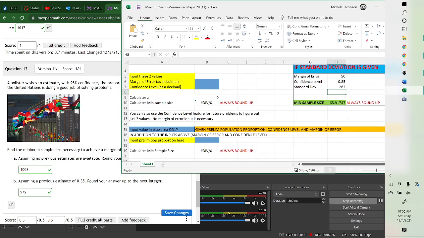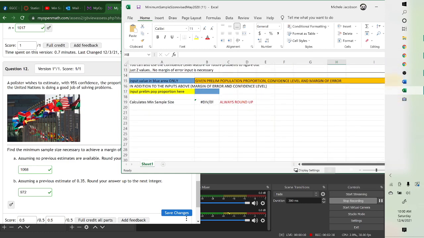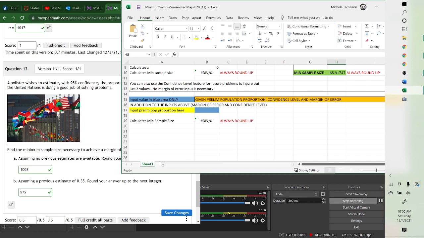I have to move this up. I want a 95% confidence interval.